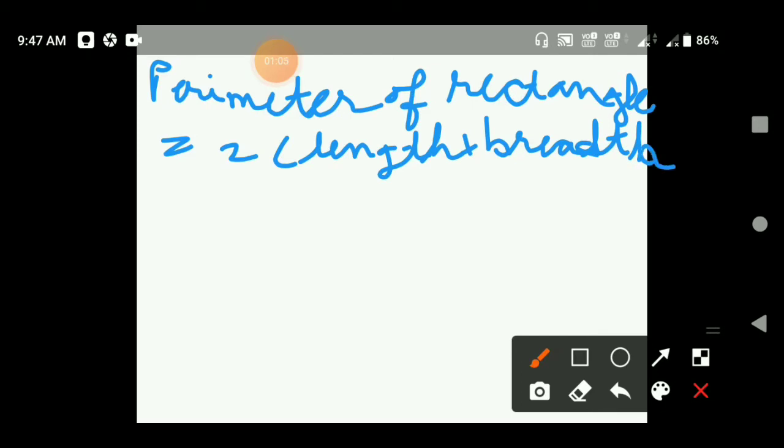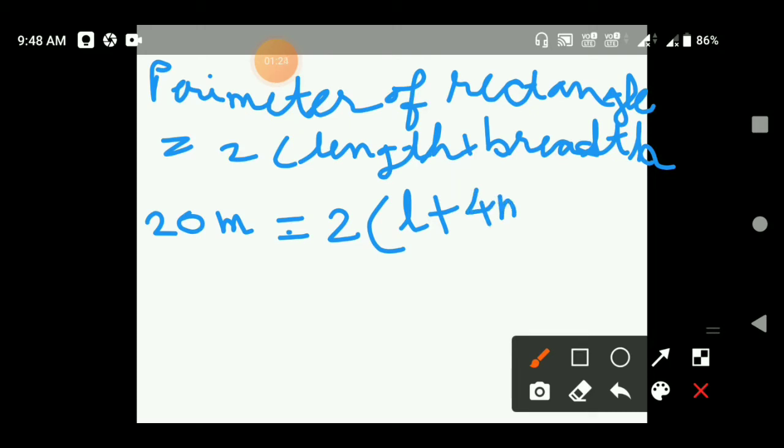So here perimeter is given 20 centimeter is equal to 2, and length is not given, so we will write here L only, plus breadth is given 4 centimeter.